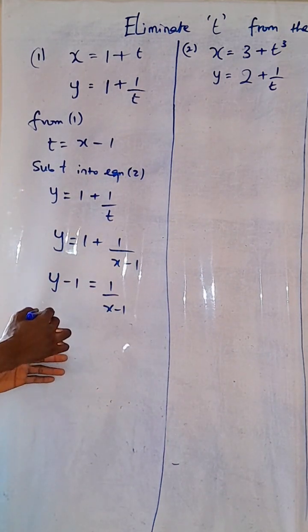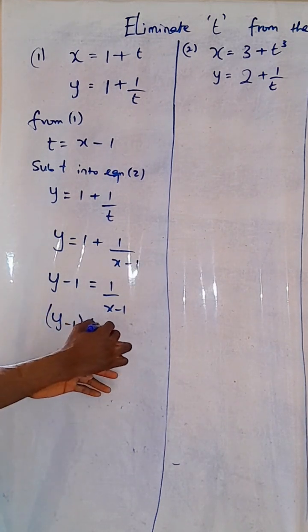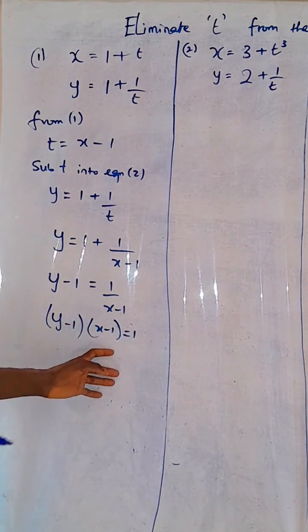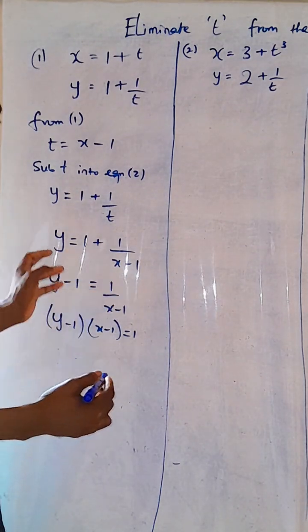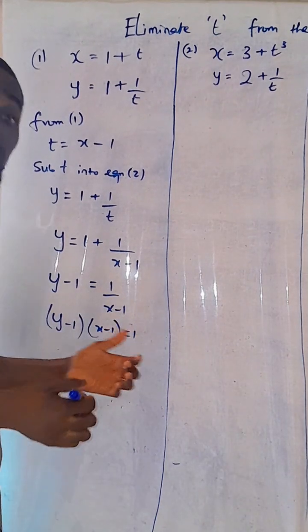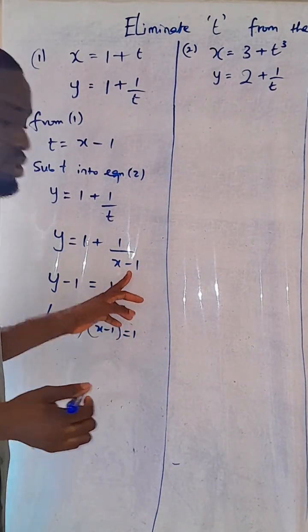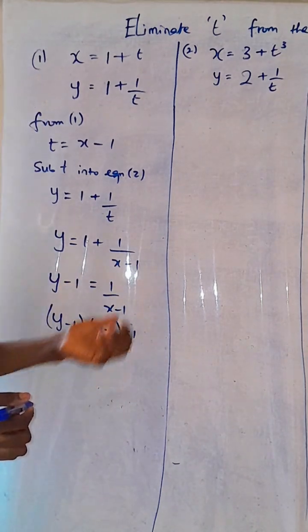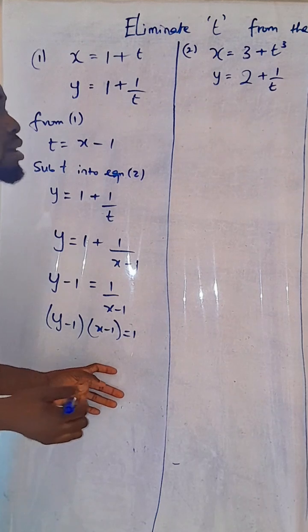Then I can finalize by saying y minus 1 times x minus 1 equals 1 when I cross multiply. The equation might look different when you apply this other method, but when you substitute the value for x or for y, just to test, you get the same answer.